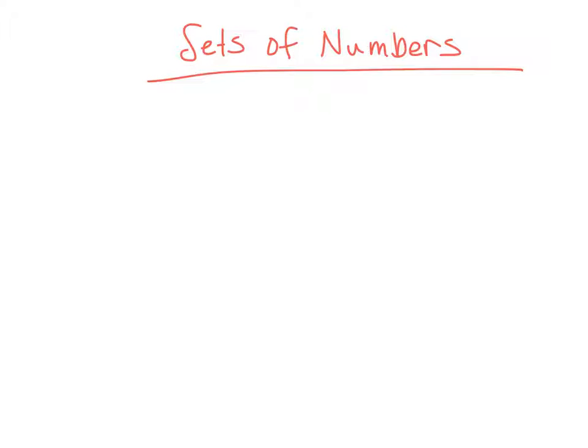Okay, the last topic I want to review with you today from chapter 1 deals with sets of numbers. Remember we had those problems where I would give you some numbers and I'd say, hey, out of these numbers, which ones are rational or irrational or integers or whole numbers or natural numbers?